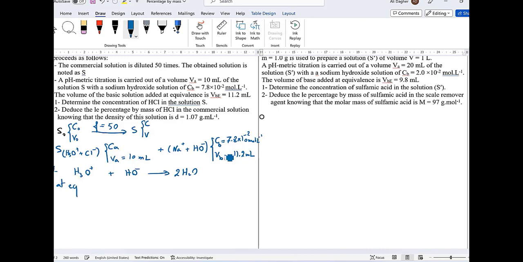At equivalence, reactants react according to stoichiometric ratio, which are 1 for acid and 1 for base.